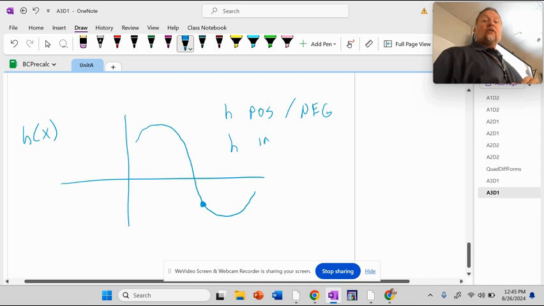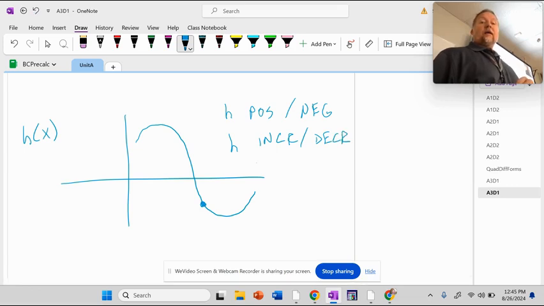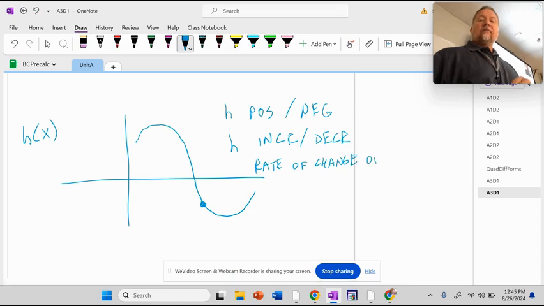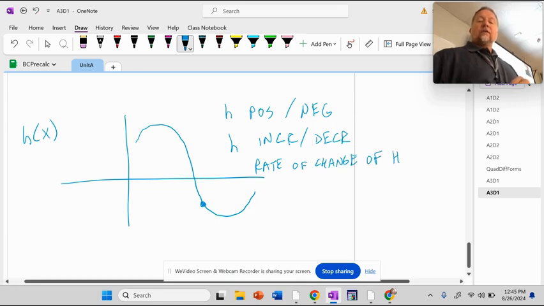Is h increasing or decreasing? And then what is the rate of change? I did it again. I keep losing my a's. Rate of change of h. Is it increasing or decreasing?